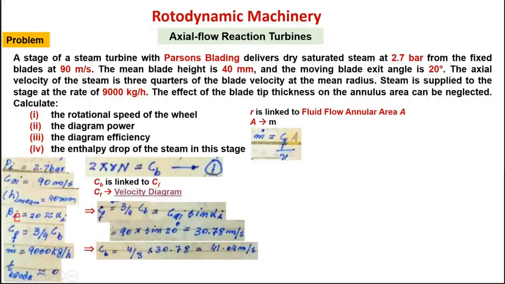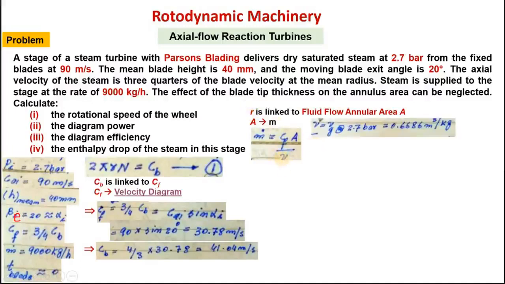Right, so this is the area through which fluid is flowing multiplied by the flow velocity, which is CF, divided by V. So this is the formula from where we can find out area A, and then with the help of this area A, we can find out the radius or mean radius of the wheel.